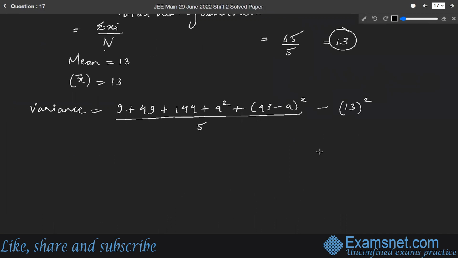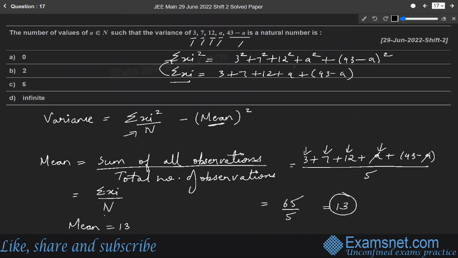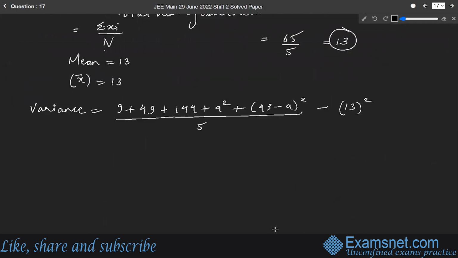Now it is given that the value of this variance actually belongs to N. Okay, the number of values for a belongs to N. So we can write that this variance basically belongs to N. Now we have to simply solve it. 9 plus 49 plus 144 plus a square plus 43 minus a square.